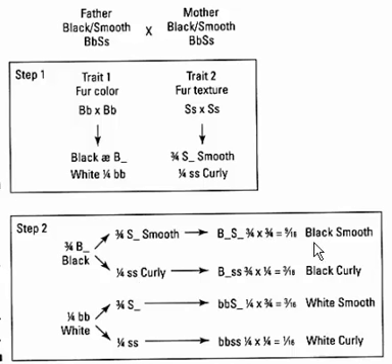Now, if you look at these probabilities, you'll notice 9/16 are dominant-dominant, 3/16 are dominant for one trait and recessive for the other. So in other words, I have dominant for black, recessive for curly. I have recessive for white and dominant for smooth. And then 1/16 will be double recessive. In other words, white and curly in this particular example.